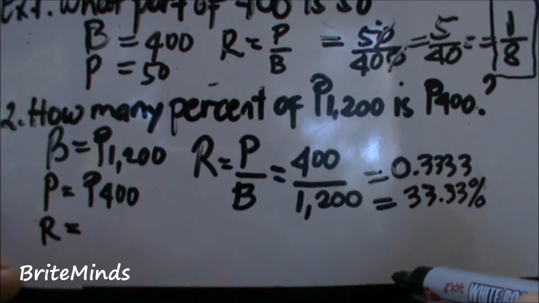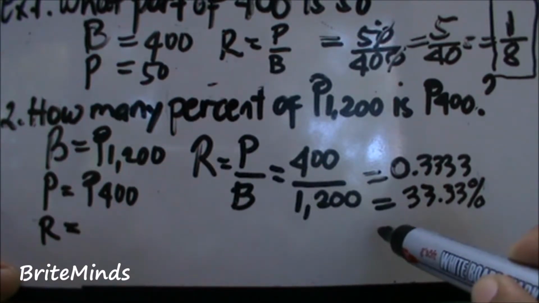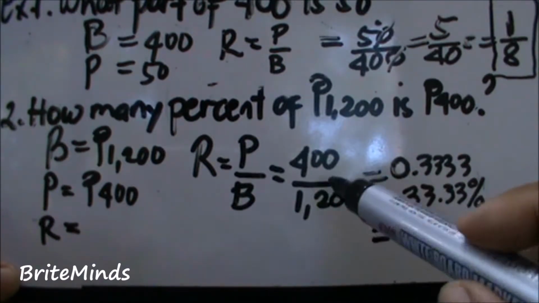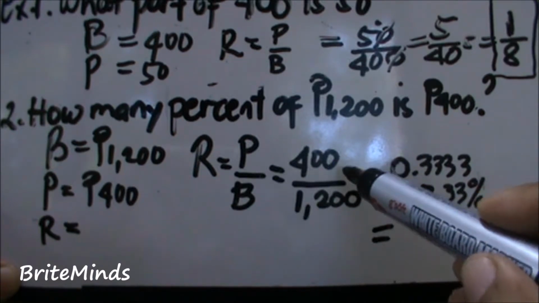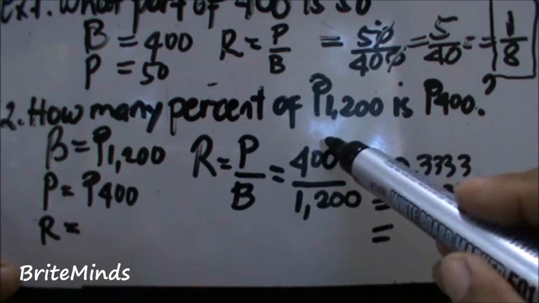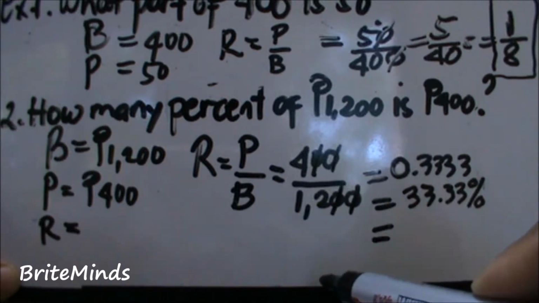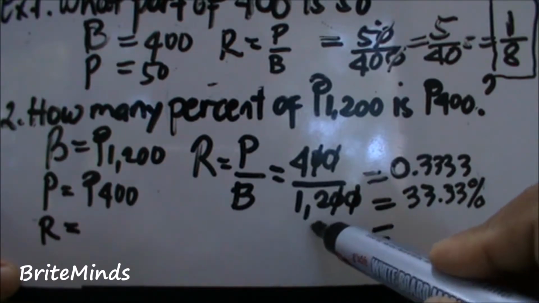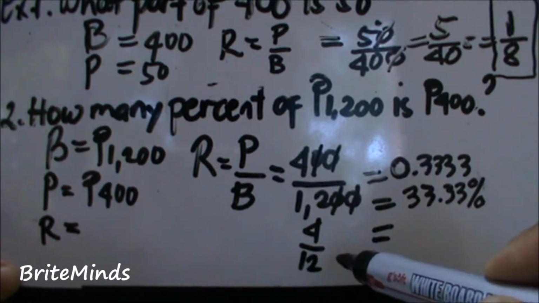Or if you want to come up with a fraction, okay, so we have 2 zeros in the numerator and 2 zeros in the denominator, so we need to cancel out the zeros. Okay, so we have here 4/12.